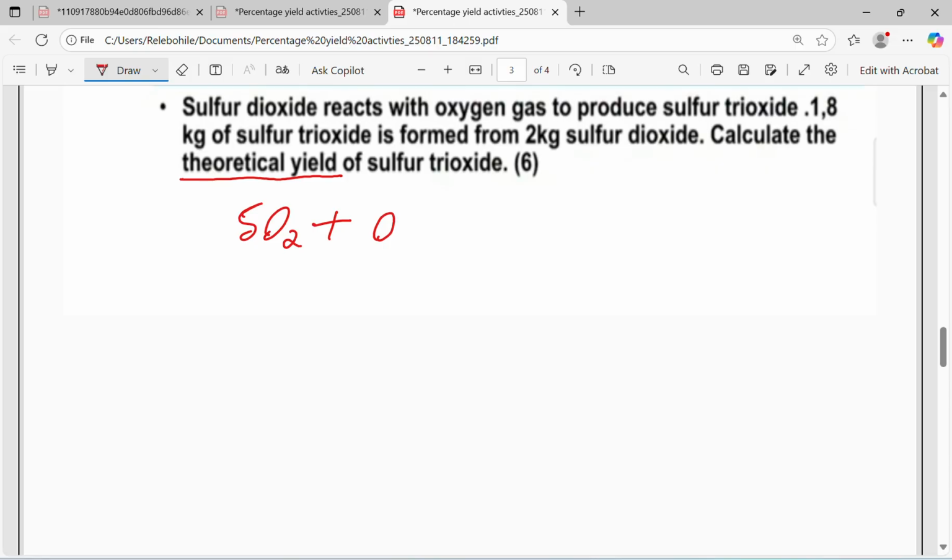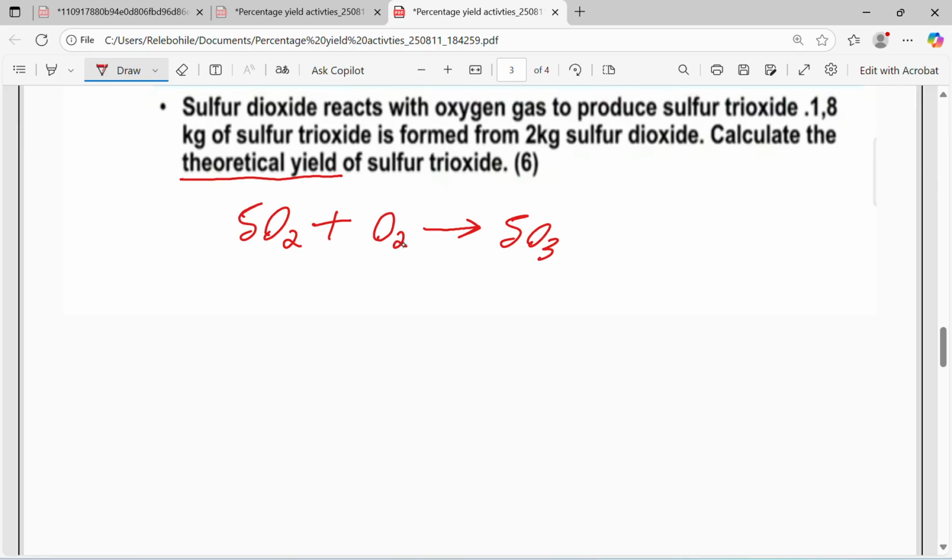To produce means that we will have our product of sulfur trioxide, and sulfur trioxide will be SO3. And this now becomes my equation.